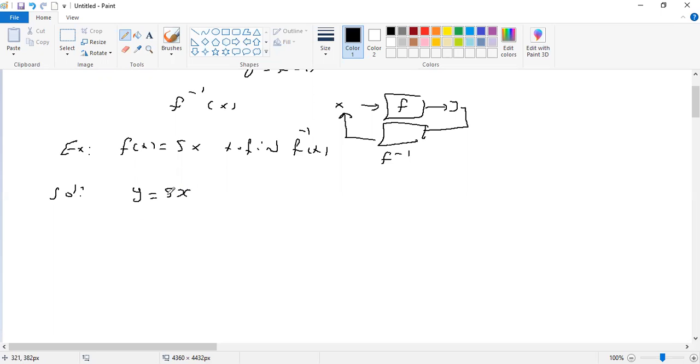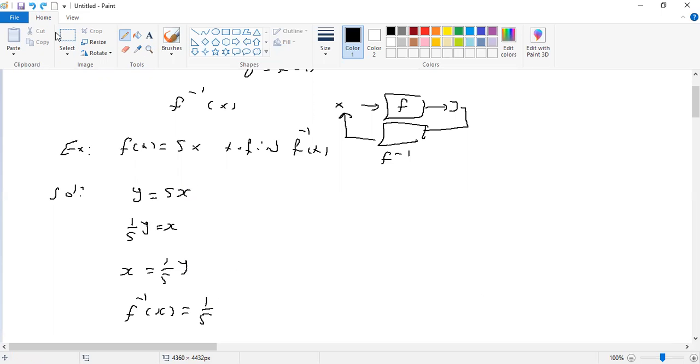Dividing by 5, I get 1 over 5 y equal to x. So now x is equal to 1 over 5 y. So f inverse, change y to x: f inverse of x equal to 1 over 5 x.